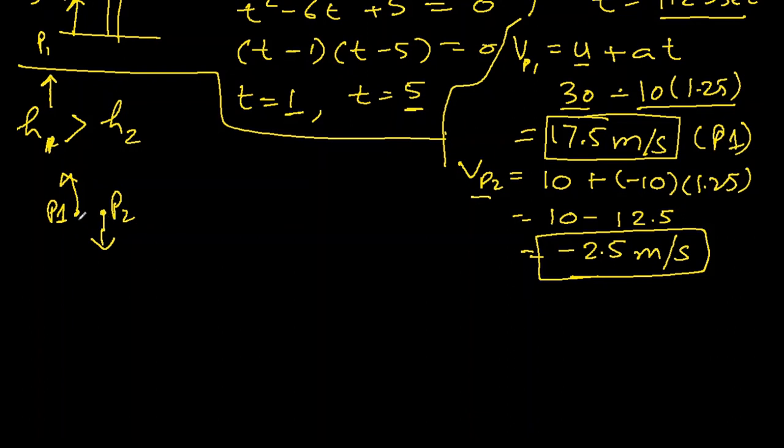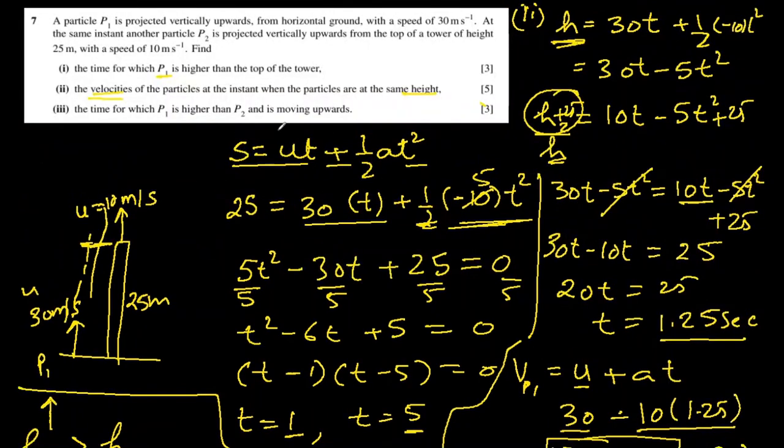Obviously, after 1.25 seconds, H1 will be greater than H2. It will be at a greater height, right? And it is going up. That means we have to just find at what time it stops. And then it will start coming down, which will not satisfy the second condition. They want it to be higher than P2 and moving upwards.